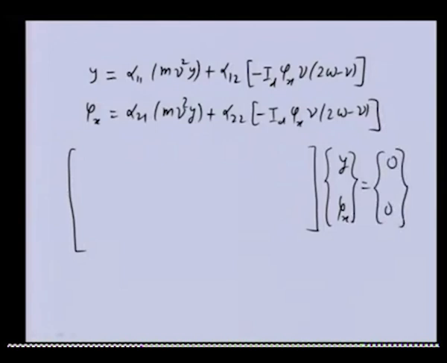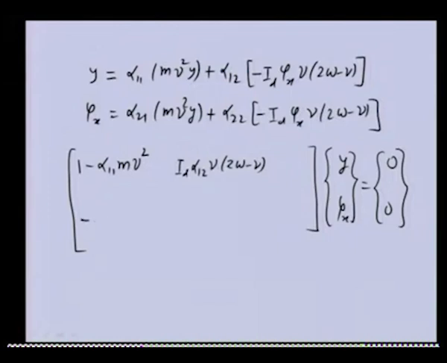So, here we will be having α11 m ν², then here i_d α12 ν² (ω − ν).